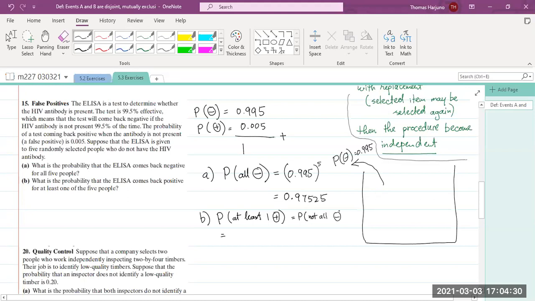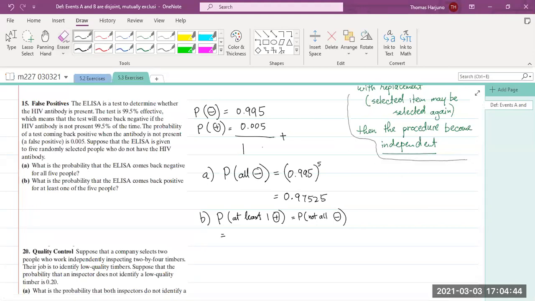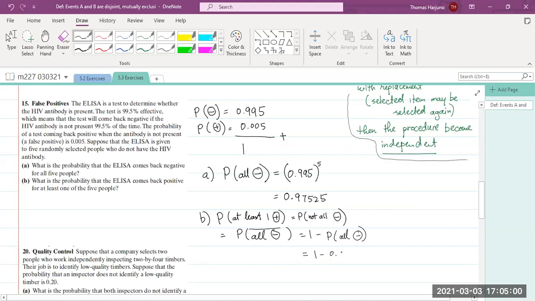The probability that at least one, maybe 2, maybe 3, maybe 4, maybe all 5 are positive. Basically, not all of them are negative. But to say not all negative is the same as saying the complement of all negative, the complement of that event. That's 1 minus the probability of all negative. That's 1 minus 0.97525.